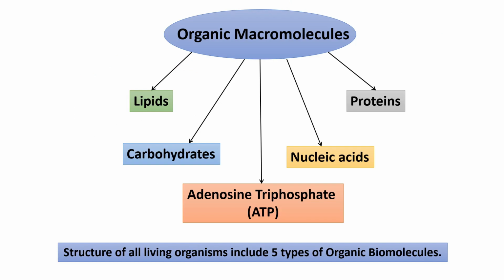So next we talk about different organic macromolecules. Overall, they are classified into 5 types. Lipids, carbohydrates, proteins, nucleic acids. These are the 4 main ones, and in addition, sometimes a 5th is distinguished, adenosine triphosphate or ATP molecules.